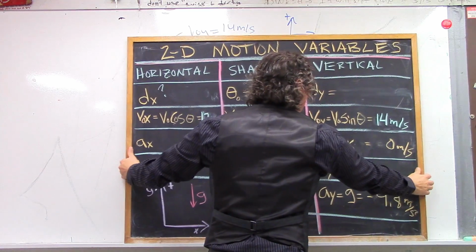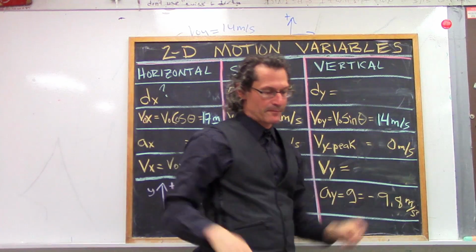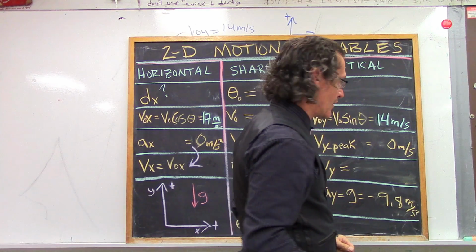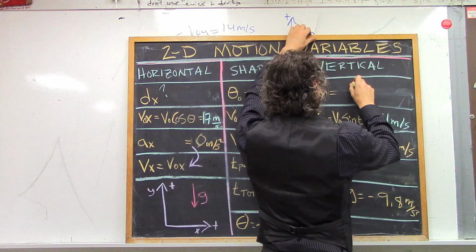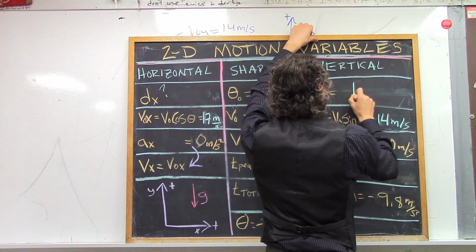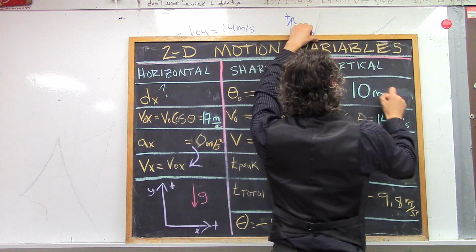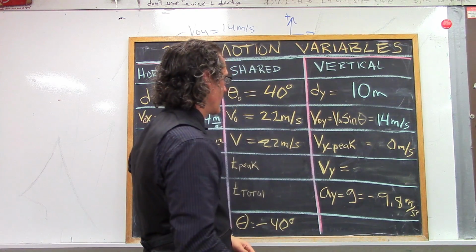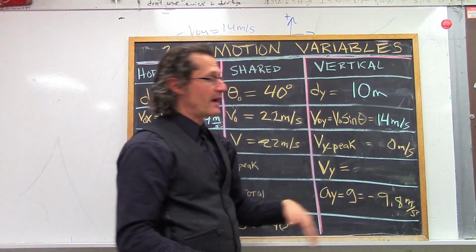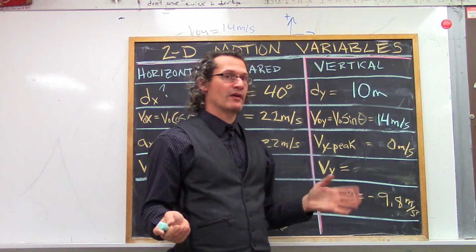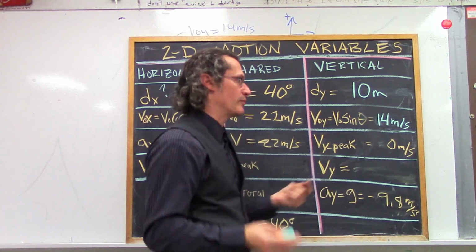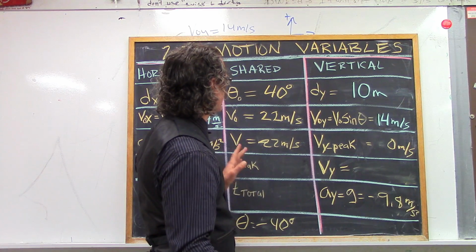Okay, here we go. We got our board back and the beautiful lighting. And dy is 10 meters. I could certainly find Vy. I'm not going to do it to save time because it's not asked for unless we were looking for it for a particular reason. So that's fine.